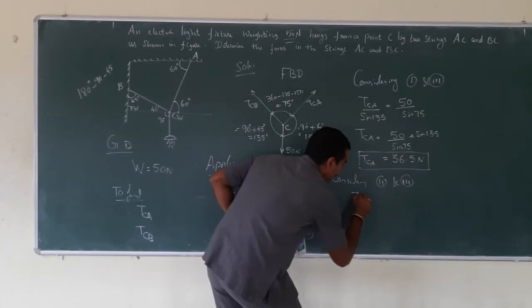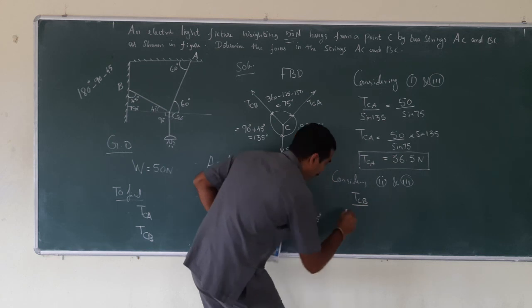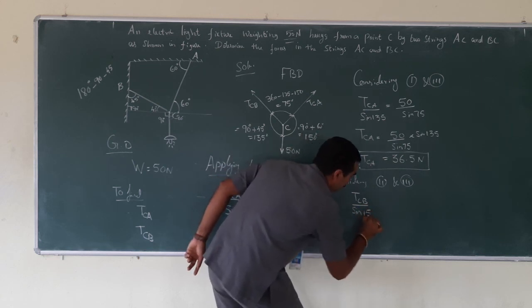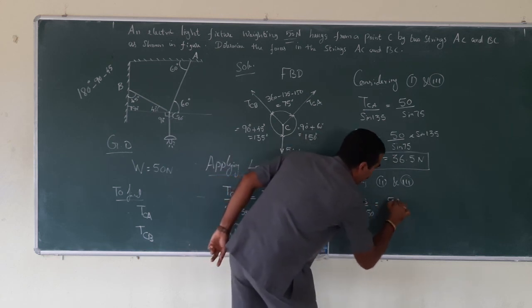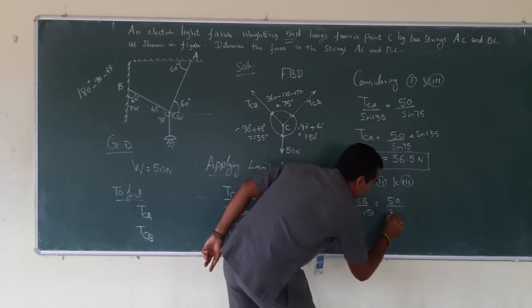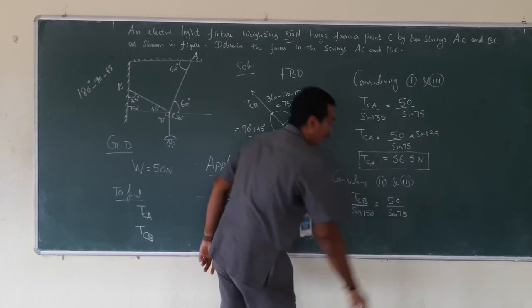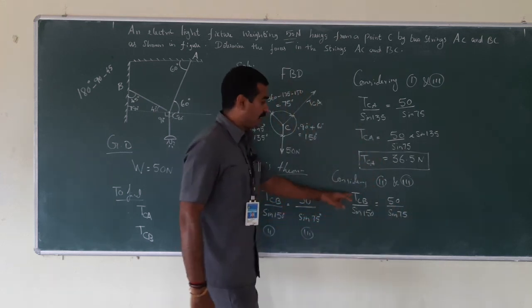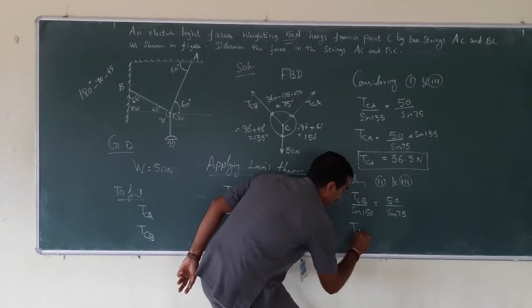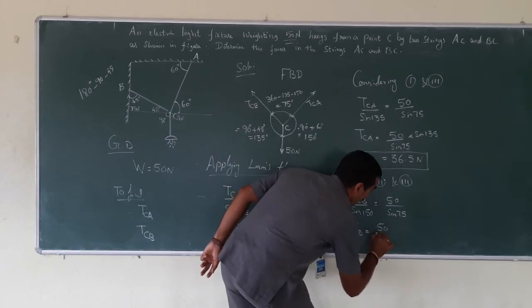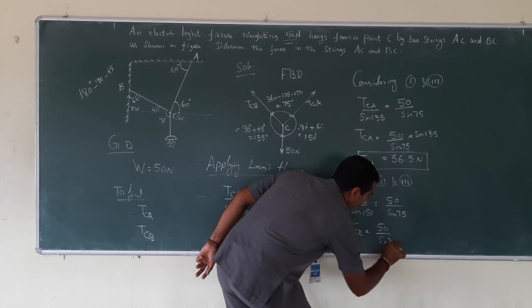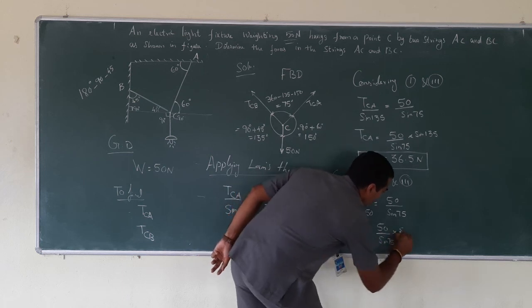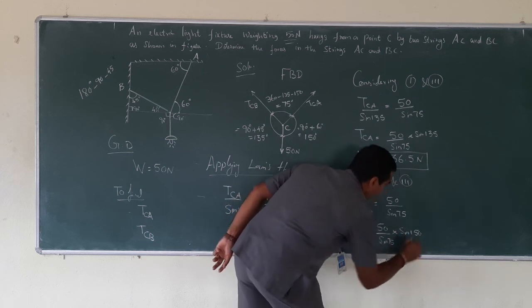What is 2? TCB by sine 150 equals 50 by sine 75. What is unknown here? TCB is unknown. So I am going to do the cross multiplication here: 50 by sine 75 into sine 150.